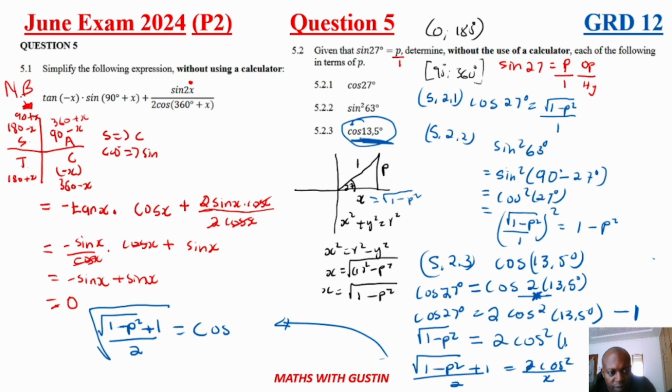I forgot to write also here 13.5. Even here I didn't write 13.5. So our cos 13.5 will be looking like that. Okay, and this should be our answer here, guys. Let me know what you think, and also if I made a mistake here. All right, so looking quite good. Let's move on to 5.3.